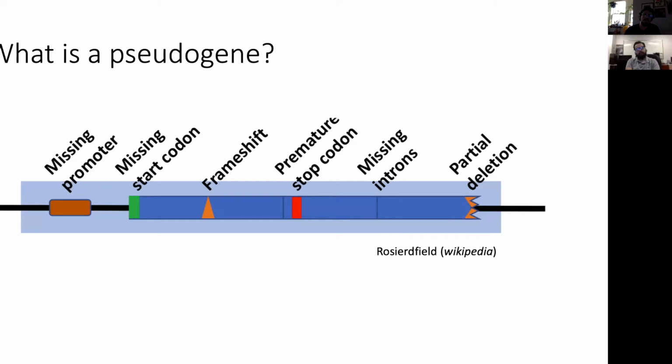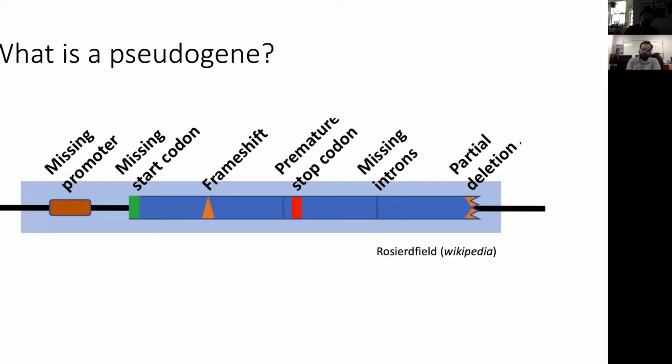These weird things could range from a missing promoter or missing start codon to a frameshift or premature stop codon. There could be missing introns. This is actually just for eukaryotic genes. If you're working with eukaryotic sequences, you're going to see introns, and those might be missing. Or you might see a partial deletion.